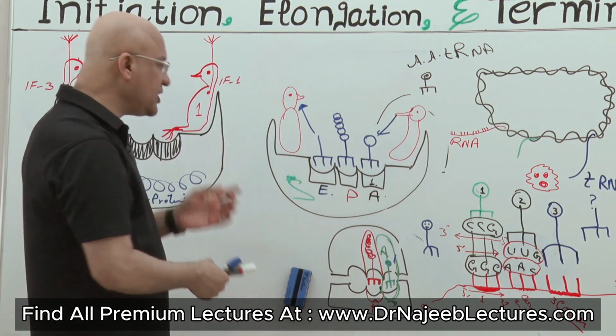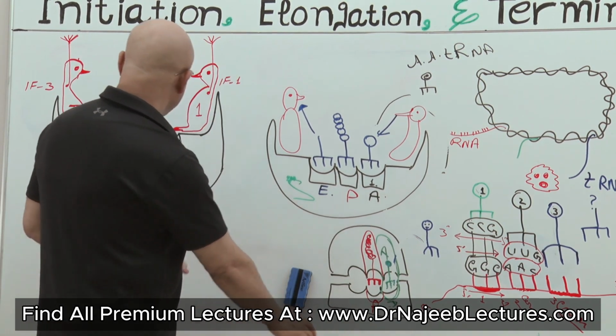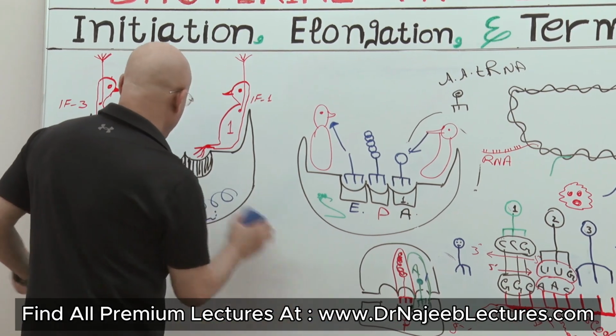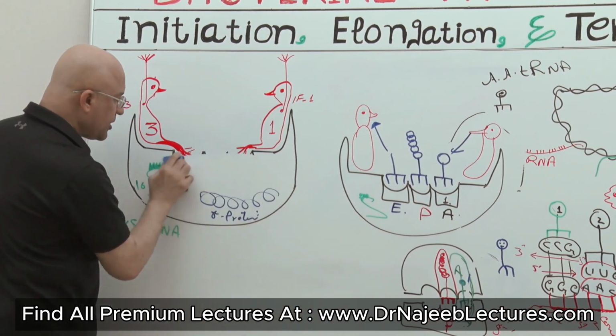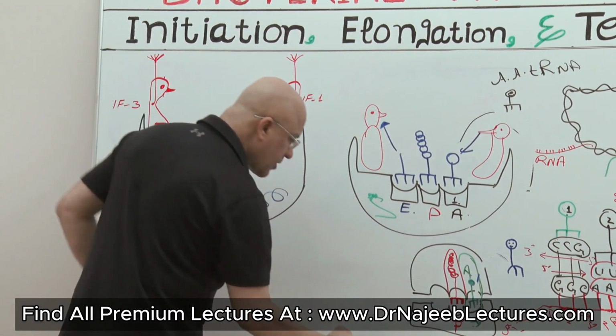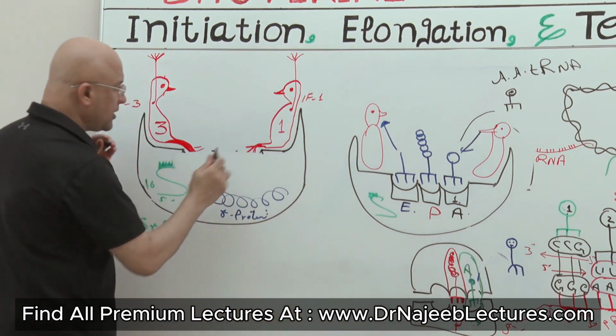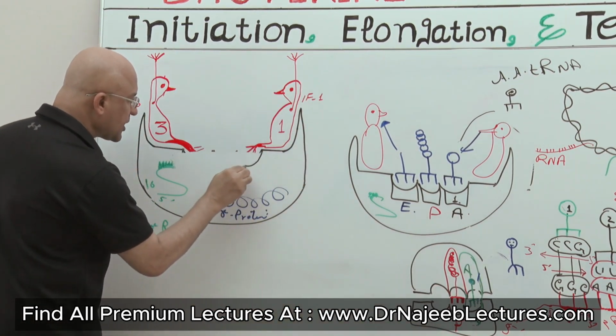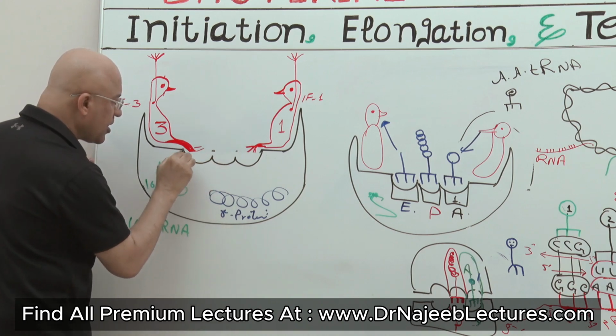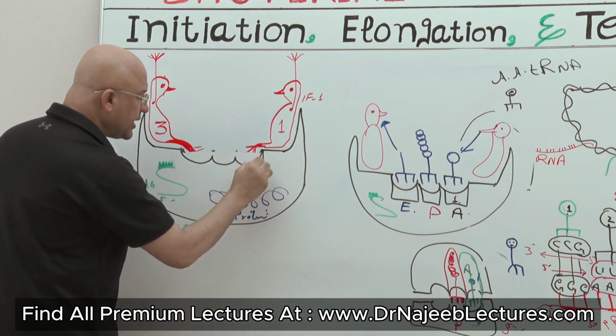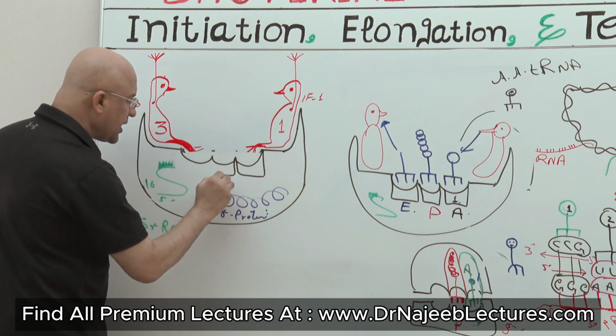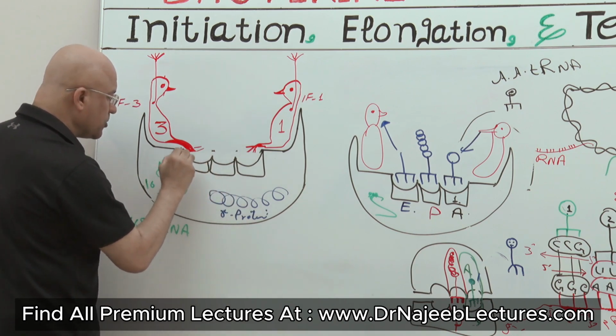So what we see in the 30S ribosome is that here were three special transfer RNA binding domains, right? One domain, then another domain, then another domain.